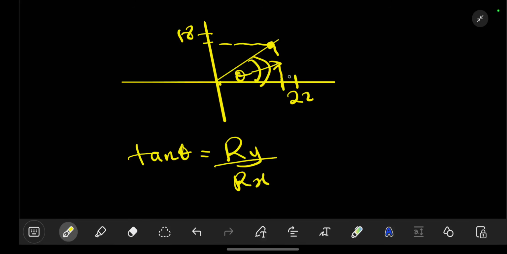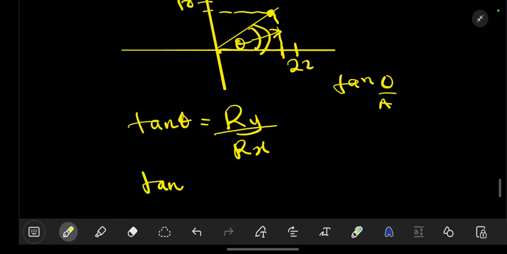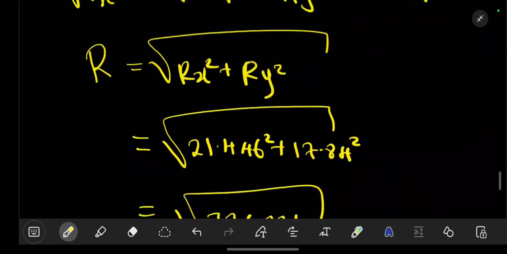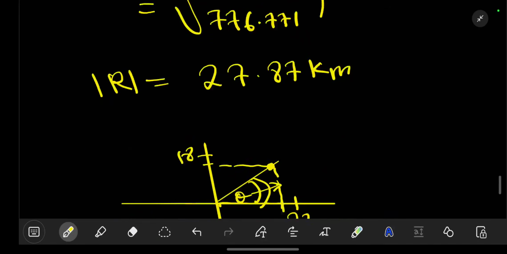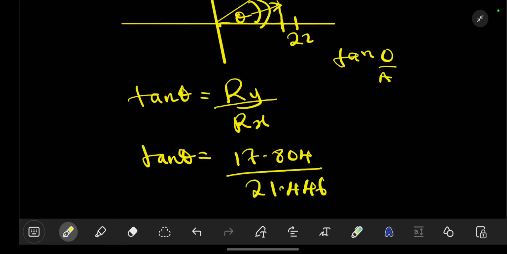So tan of theta is equal to 17.804 over 21.446.